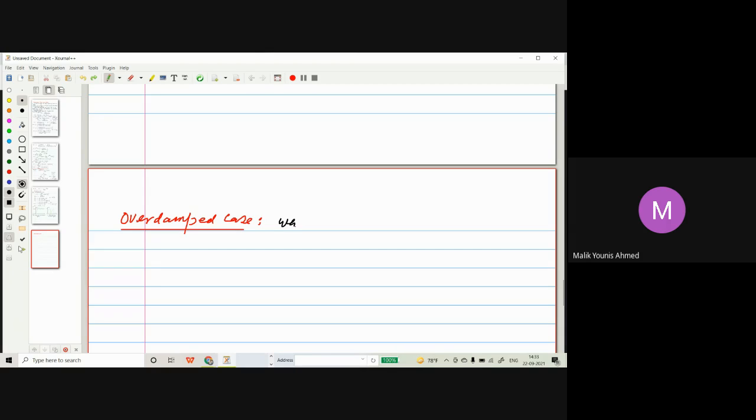When xi is greater than 1, the system is said to be overdamped. This you know already. The closed loop poles also you know. What are the closed loop poles? They are real and unequal.